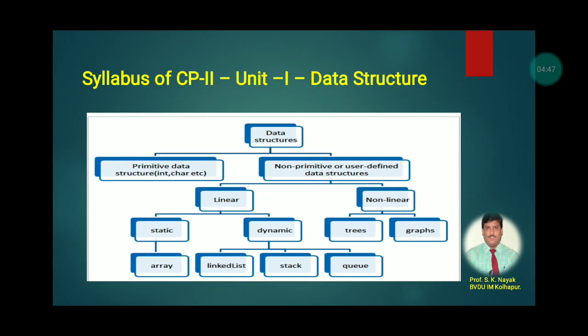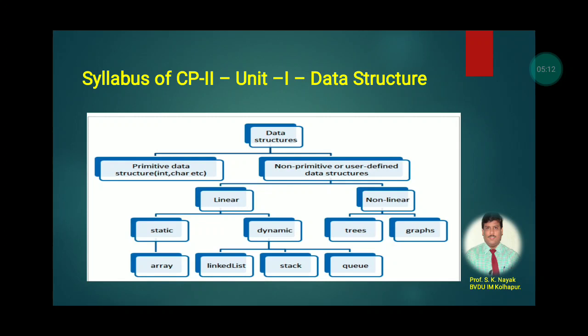This division indicates that a linear data structure can be static. That means we have to declare first, then we can go for implementation, and we cannot modify any structure, size, space, types of data in runtime.